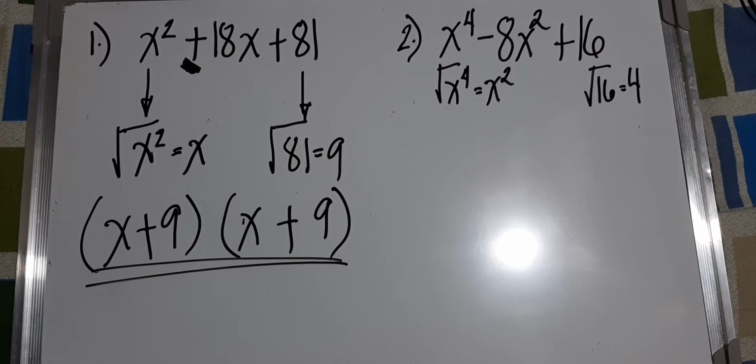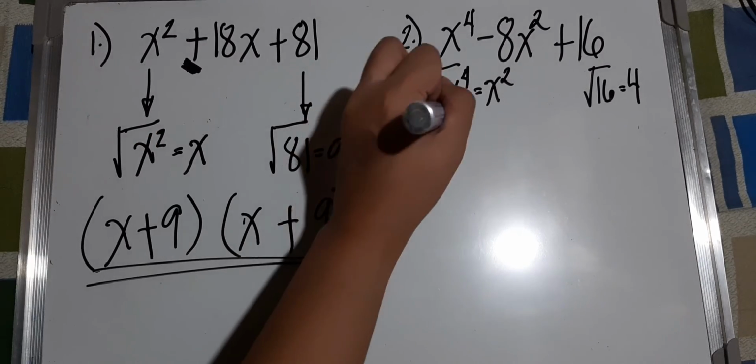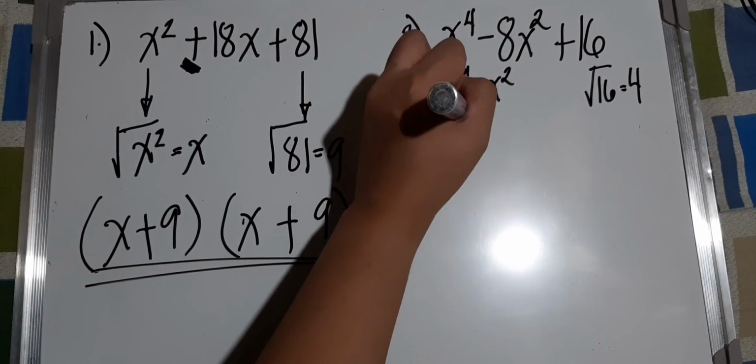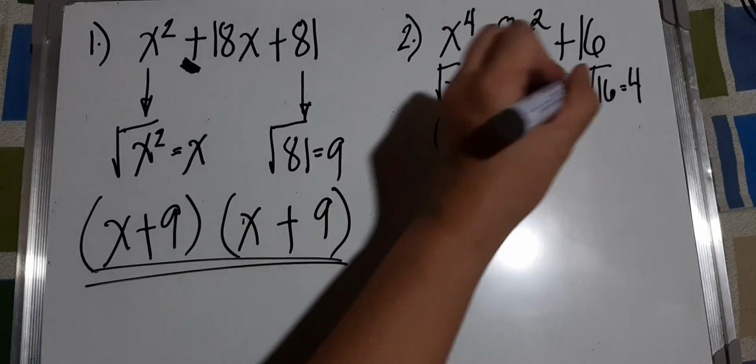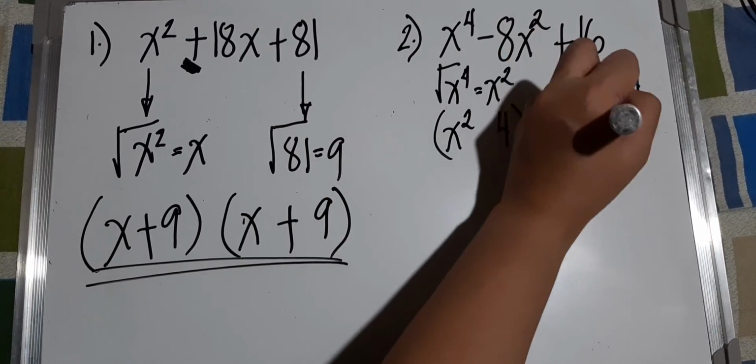Okay? So dahil alam na natin na perfect square trinomial siya, i-factor na natin siya. Ang gagawin ko lang, kopyahin ko itong mga square root na to. So x squared, tsaka 4. At ilang kopya nga yun? 2. So x squared and then 4.